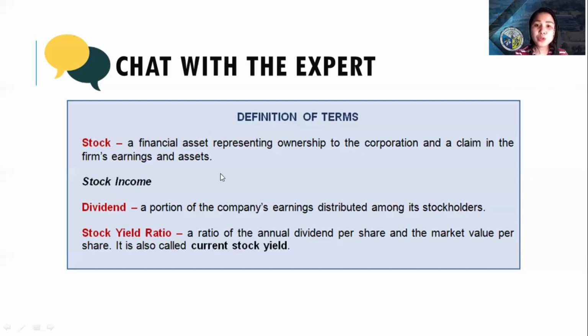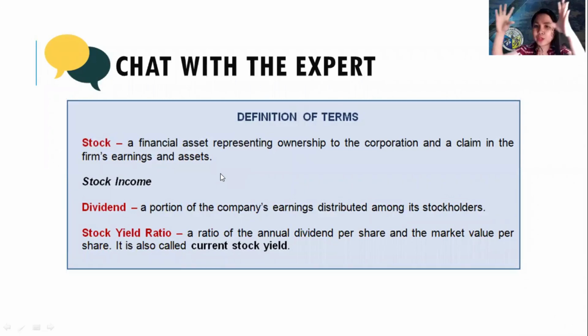Now, how do stocks earn? First is through dividends. For example, if the company has 1,000 stockholders, and let's imagine that each stockholder only holds one stock, which is impossible, right?